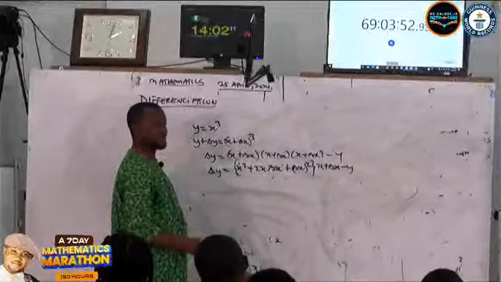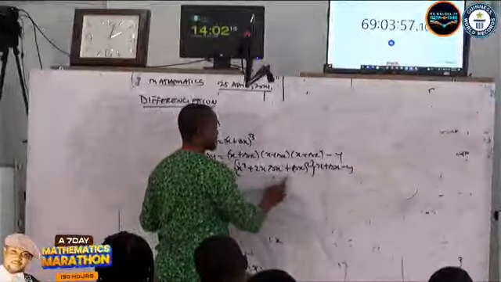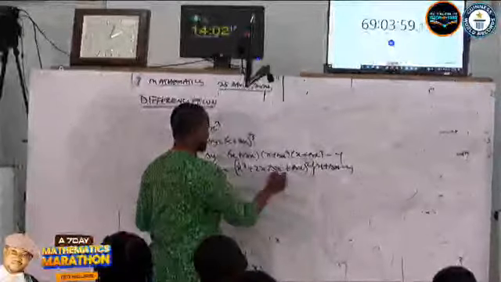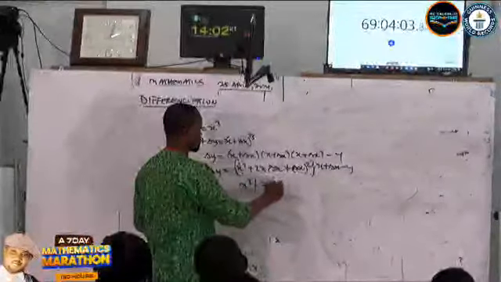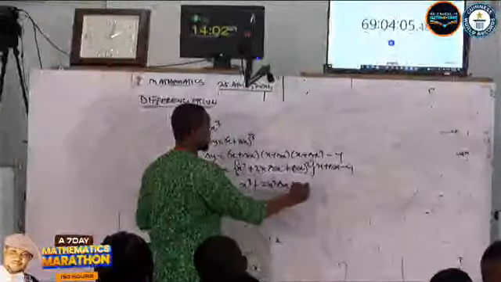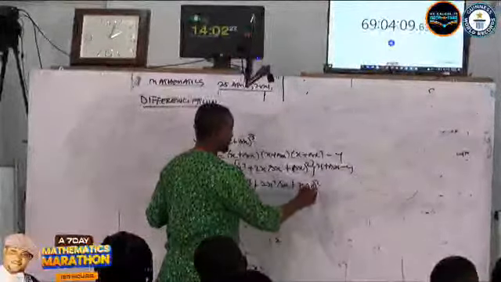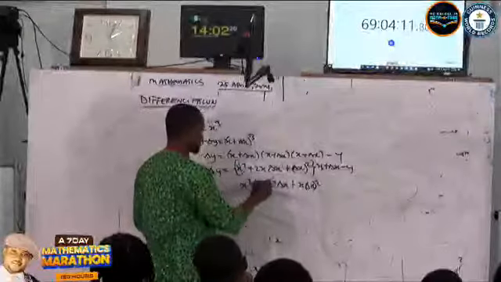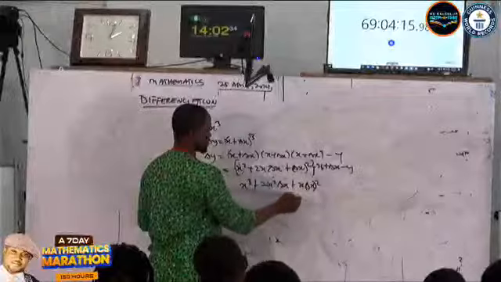So from there, expand this using x first. This times this is this. This times this. This times this. Okay?